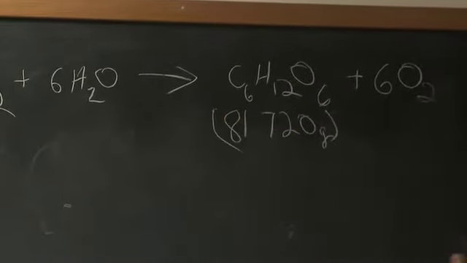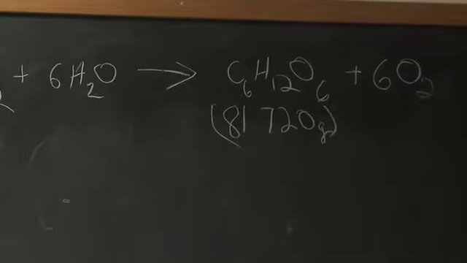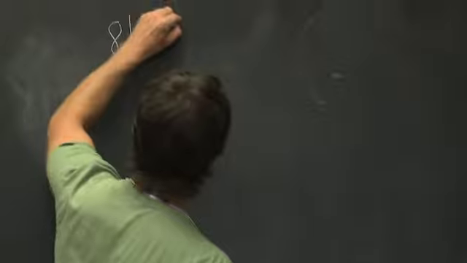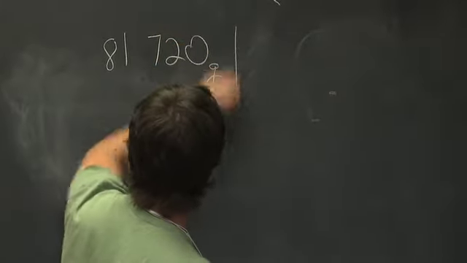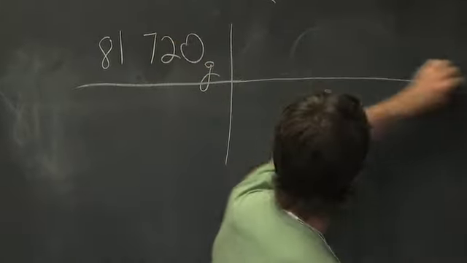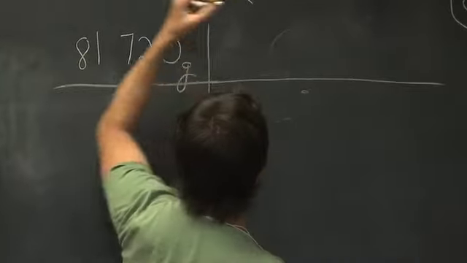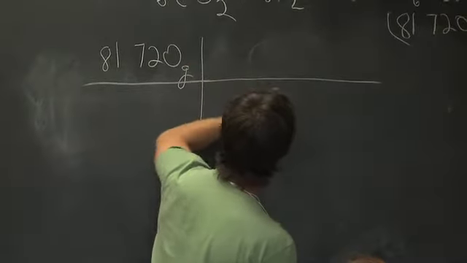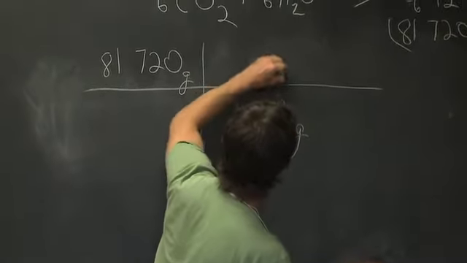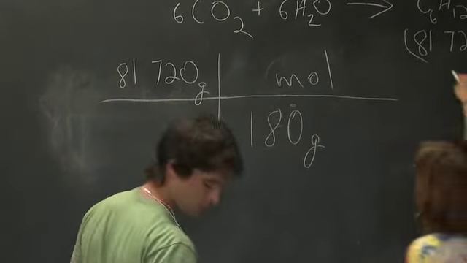So we have 81,720 grams, but we need to change it to moles. We know we have 81,720 grams, and we know our conversion is 180 grams per mole. We want to get from moles of this to moles of that.